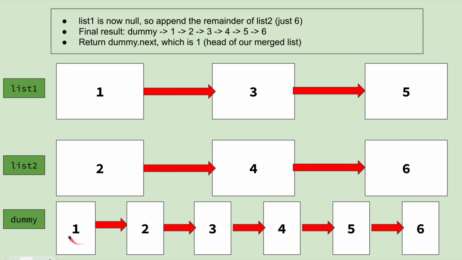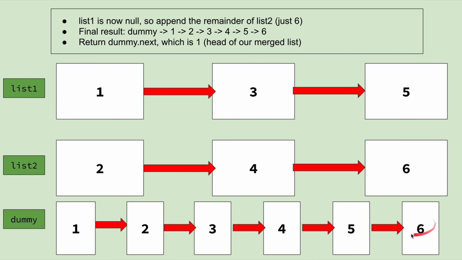So once you have added from list 1 here, current should move to here, right? And when current comes here, we have to calculate again. So we'll check the next values, 2 and 3, right? Which one is smaller? Means the else condition is smaller, so we'll get the else value. Like that, we'll keep doing that and we'll build the dummy, right?